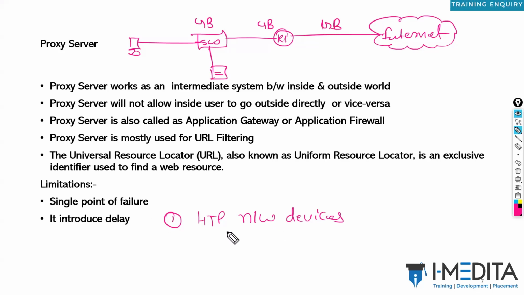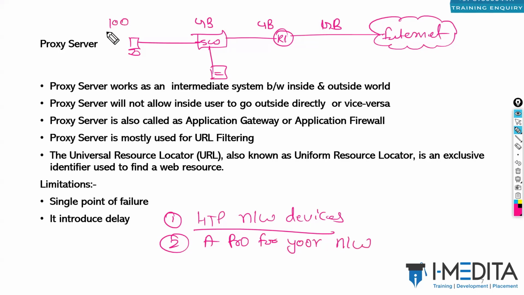You can take another step by purchasing an appropriate proxy server for your network. For example, if we have 100 users, then when we do our POC, proof of concept, through any vendor, we will tell them clearly that we have this number of users, then suggest a proxy server which will be good for us and scalable.